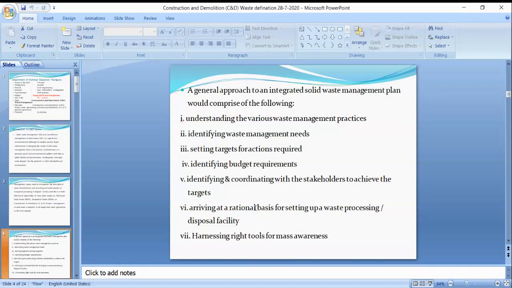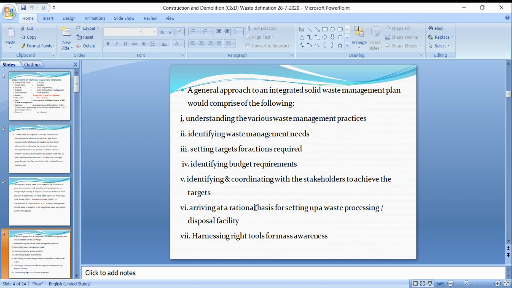So, a general approach to an integrated solid waste management plan. What is the plan they will do? What are the general procedures they follow? Understanding the various waste management practices, so they will look after what waste is generally coming from the communities.